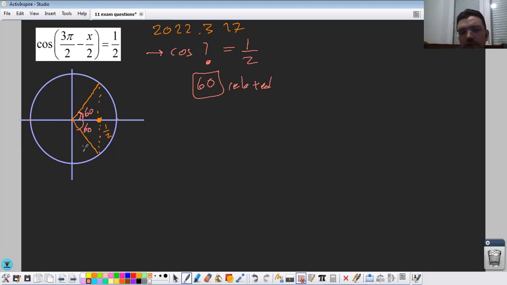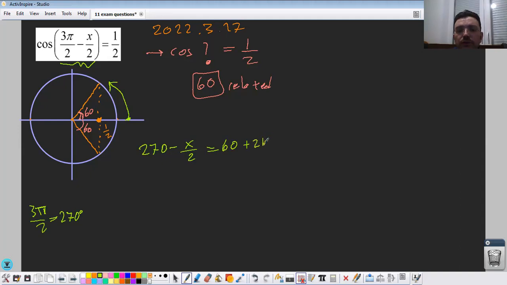So after you insert this related part, it is time to go for the final solution. Whatever you have inside the parentheses, let's turn this 3π/2 into an angle. You should have memorized that 3π/2 makes 270 degrees. So case 1: 270 minus x/2 equals, and once you write the solution, you always write the angle starting from 0 degree, which is plus 60 degrees.